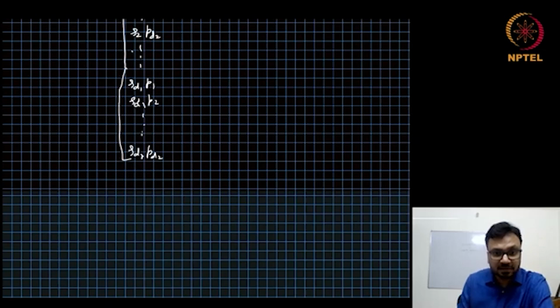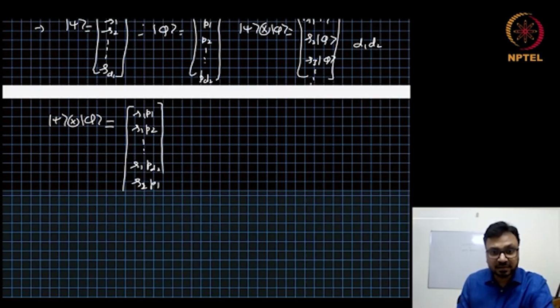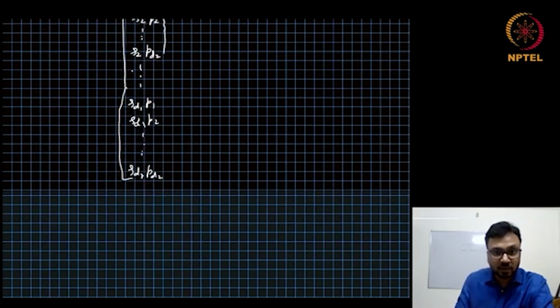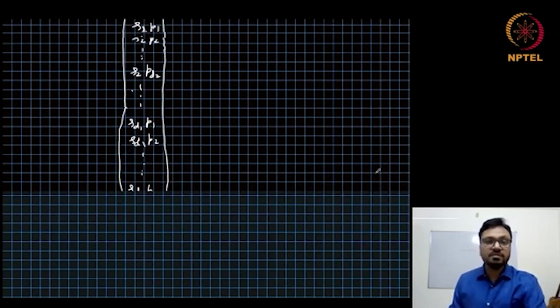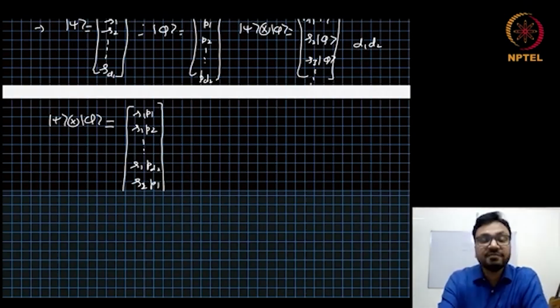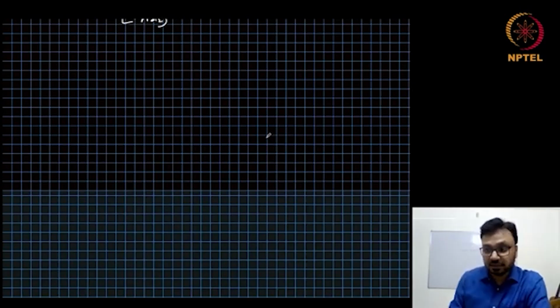These will be the elements of the tensor product vector psi AB. It's such a long vector that it does not fit on one screen. The size of this vector will be D1 times D2, and so it belongs to a Hilbert space of dimension D1 D2. So this is the working definition of the tensor product.